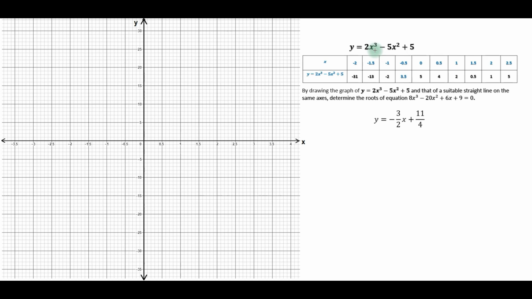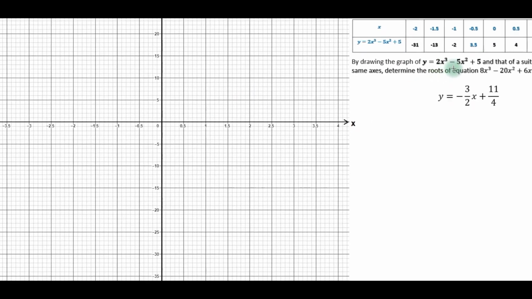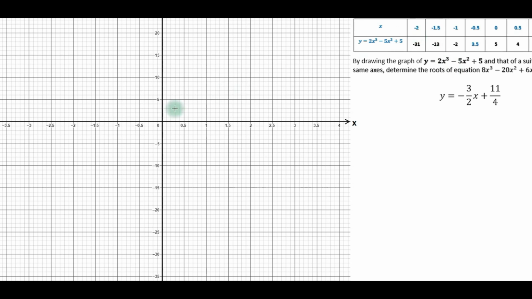So let us plot when x is minus 2, y is minus 31. So minus 2, minus 31, so it's at that point. We put that mark.